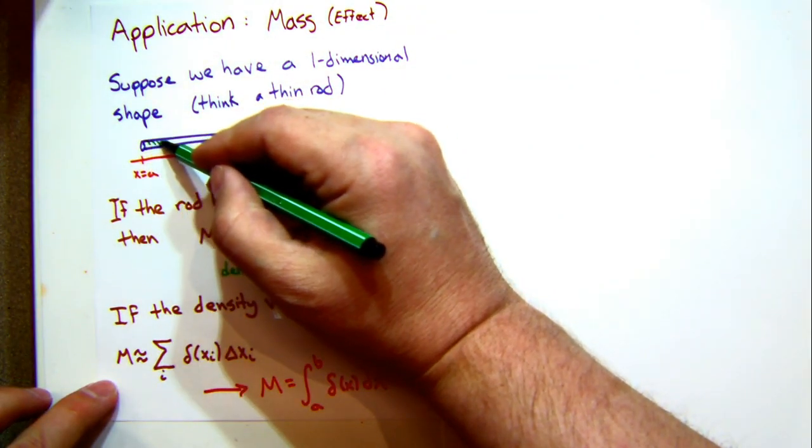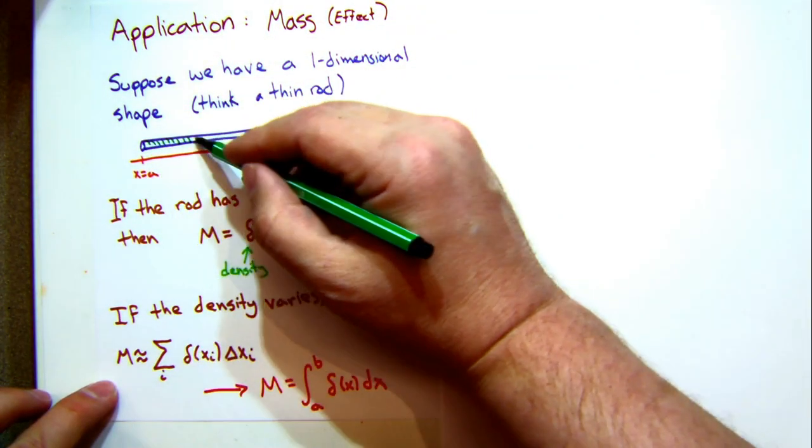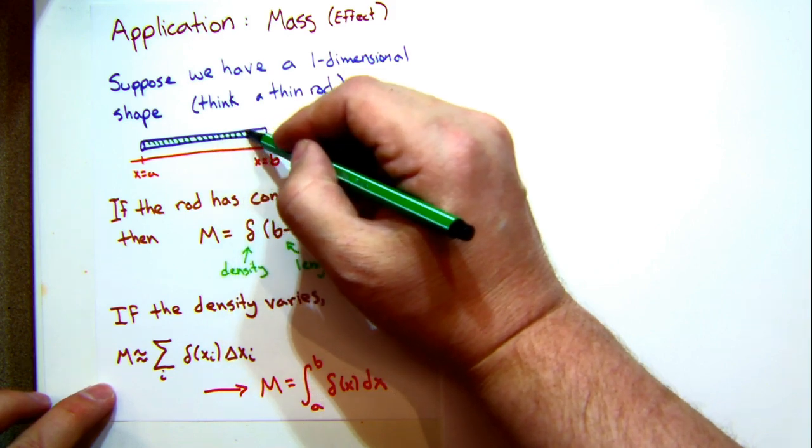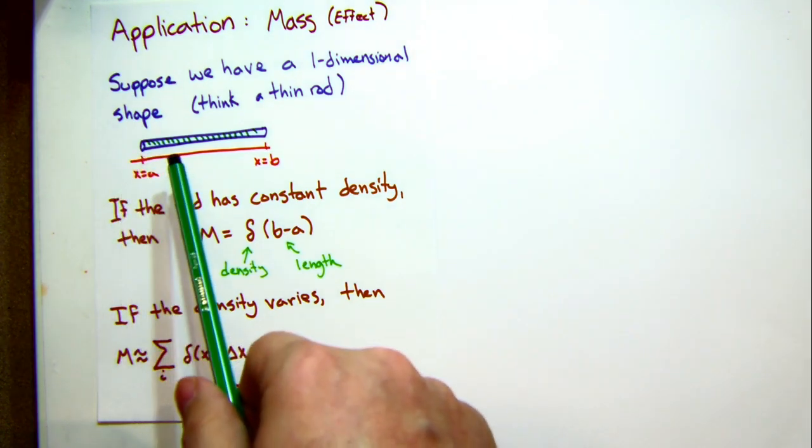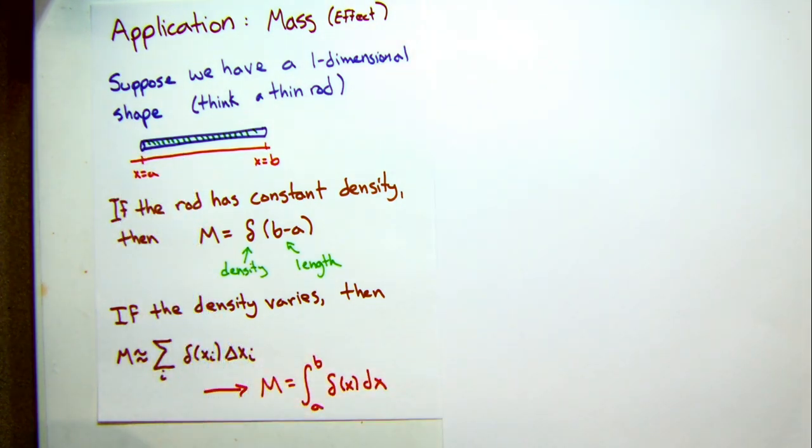We break things up. So instead of thinking of it as a big rod, we think of it as lots of little teeny rods sort of pieced off. So I take my rod and I break it up into pieces, and I say, okay, how much mass is in each little tiny piece? Well, because I'm breaking things into little tiny pieces, I can assume my density, I can treat it like it were a constant.